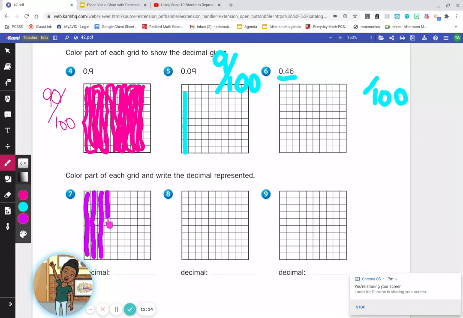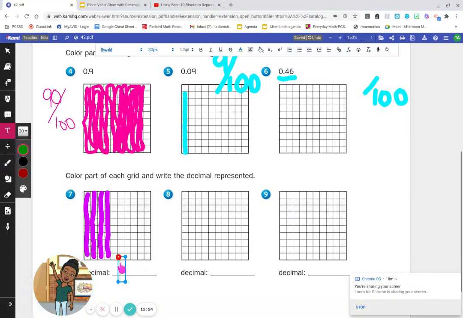Let's color the fourth row too. As a decimal, I'm going to use my text box tool to write 0.4 or 4/10. I colored 4 of the 10 rods that you see. 4/10.